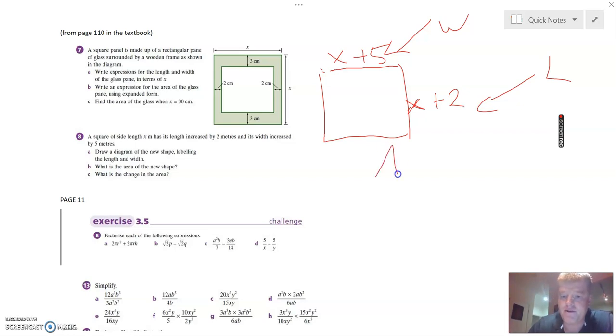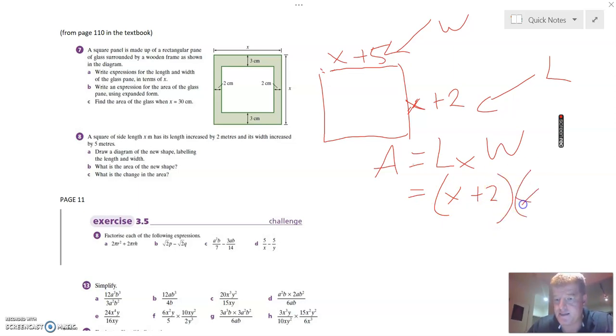Well, we know that the area equals length times width. So let's put our numbers in. We said the length is x plus 2, and the width is x plus 5, and we're multiplying them together. Now, this also looks like some of the terms we've expanded.